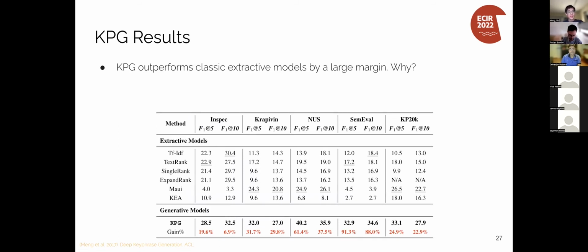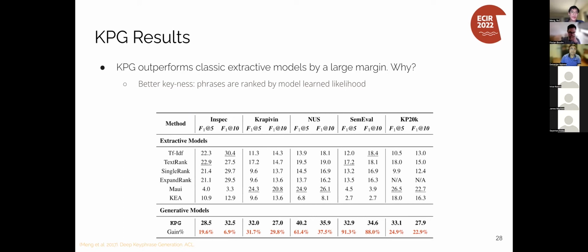All right. As for the comparison to traditional baselines, we can see the key phrase generation models outperform them by a really large margin. What's the reason?